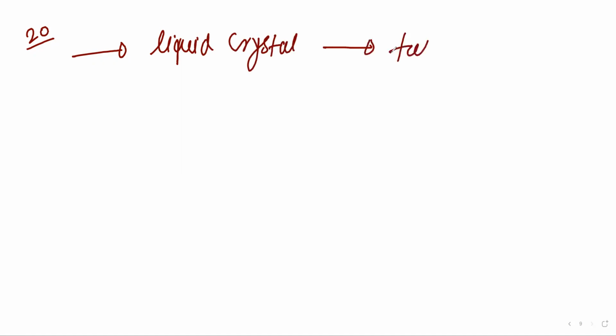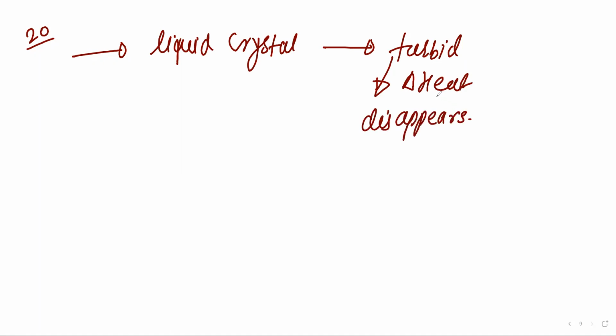On heating it first becomes turbid, and on further heating the turbidity completely disappears. So this is the main point you have to remember in question number 20.